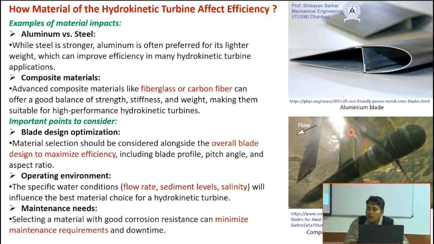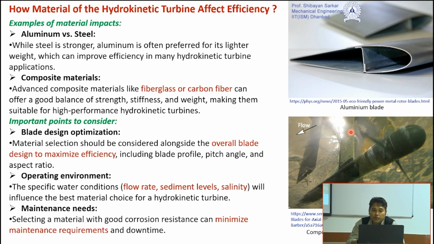So there are very favorable, very popular materials. One is aluminium, another is steel. If we consider the difference between aluminium and steel, steel is stronger, but aluminium is lighter. Aluminium is easy to give the desired shape, and in the case of steel, it will be comparatively difficult.